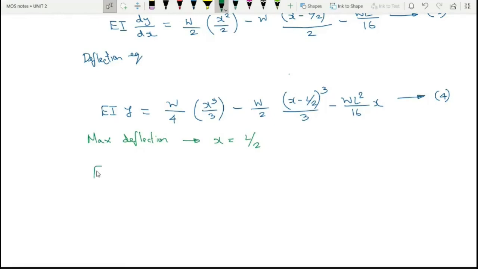So EI Y max, because I'll get maximum deflection, is equal to W by 12, a common term, times x cube. X cube will be L by 2 the whole cube, so L cube by 8.